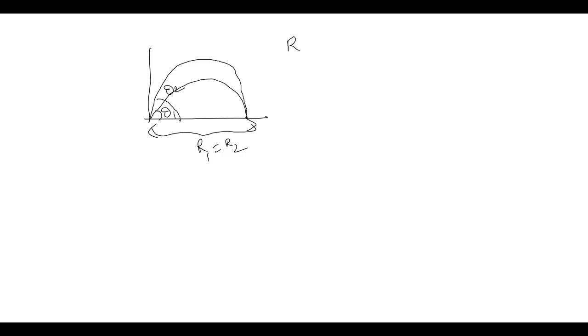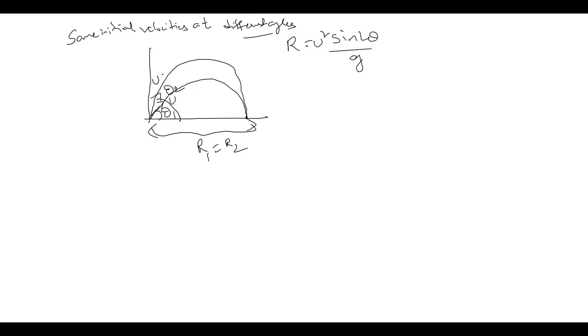R is equal to u square sin 2 theta by g. The velocity is the same: same initial velocity at different angles, theta 1 and theta 2.